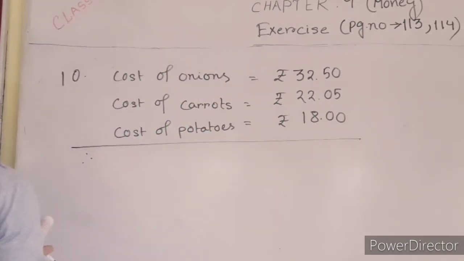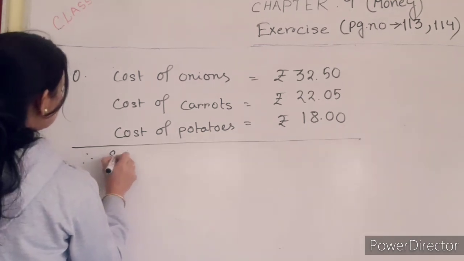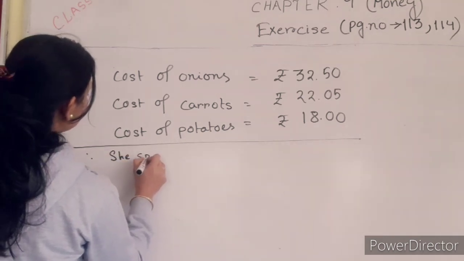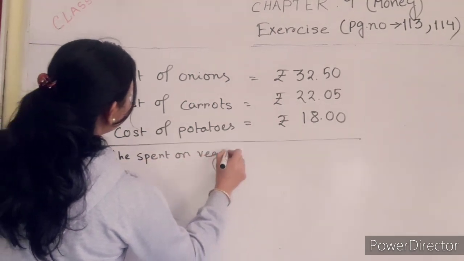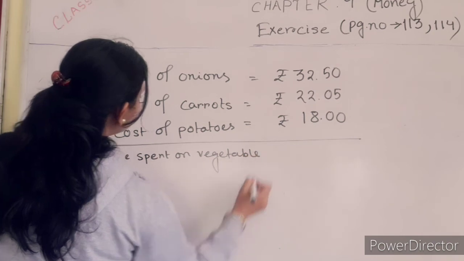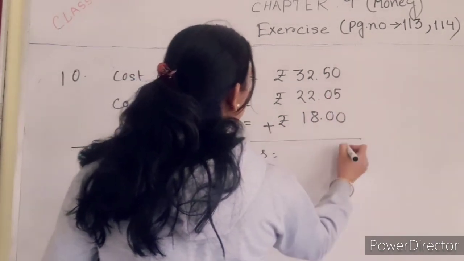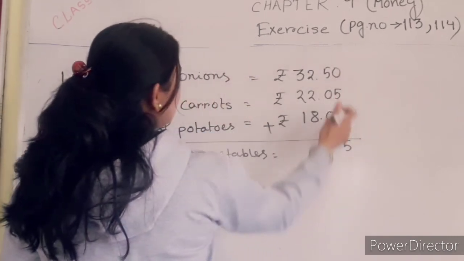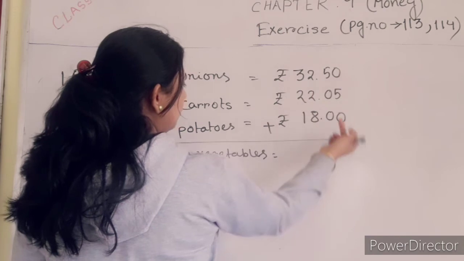Therefore, how much did Mrs. Lal spend on vegetables? She spent on vegetables equals 5 plus 0, 5.